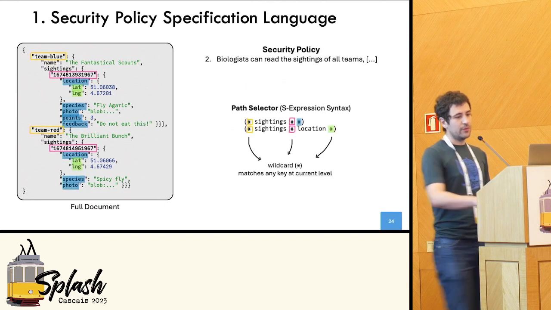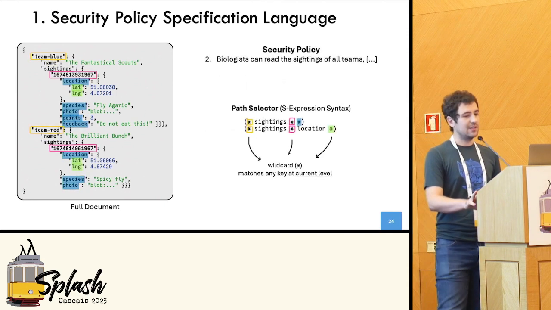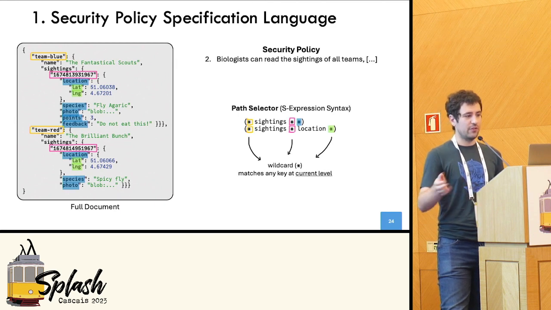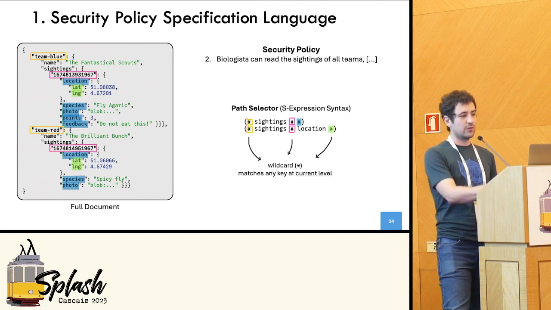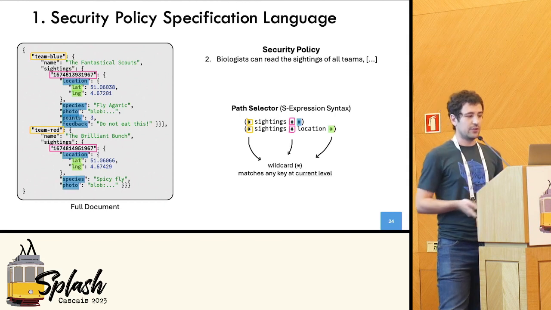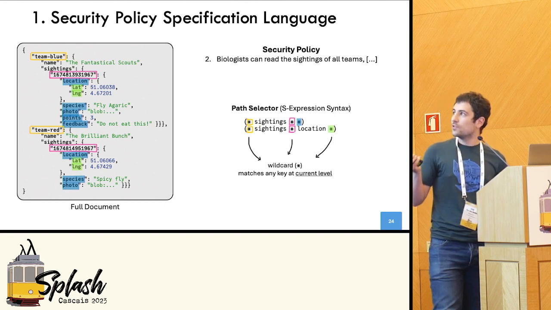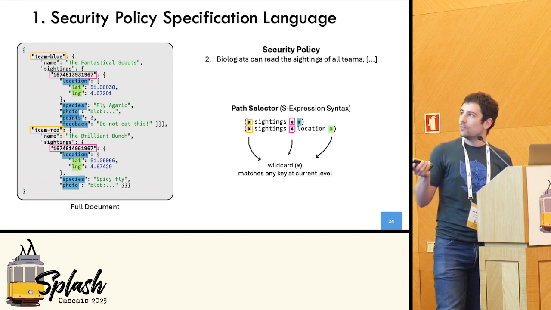So for example, the second rule of the motivating example's security policy says that biologists can read the sightings of all teams. And these 2 path selectors here select the fields that correspond to this security policy. For the first path selector, the yellow wildcard says that any key on the top level is allowed to be traversed.